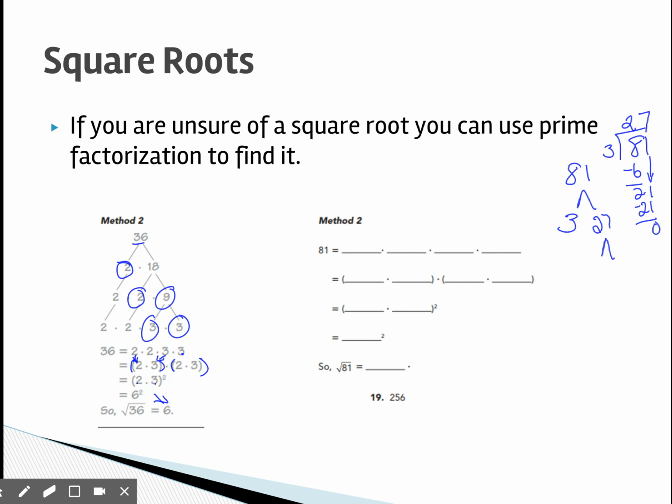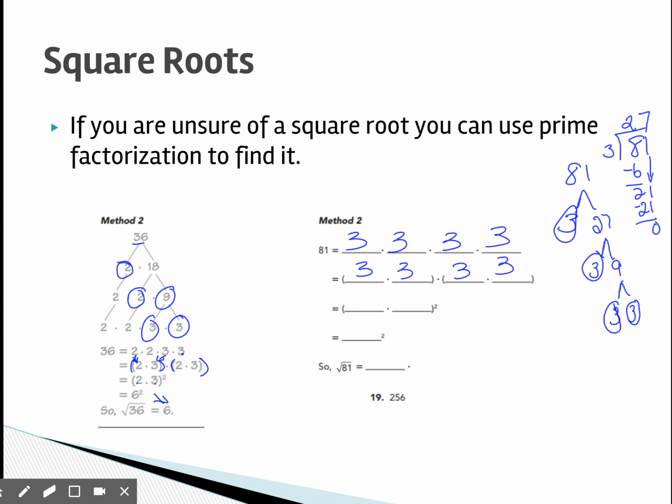I know 27 is 3 and 9. I'm not going to forget to circle my prime factors here. And 9 is 3 times 3. So 81 equals 3 times 3 times 3 times 3. This is quite simple because it's all the same number, so I'm just going to put a 3 on each line.